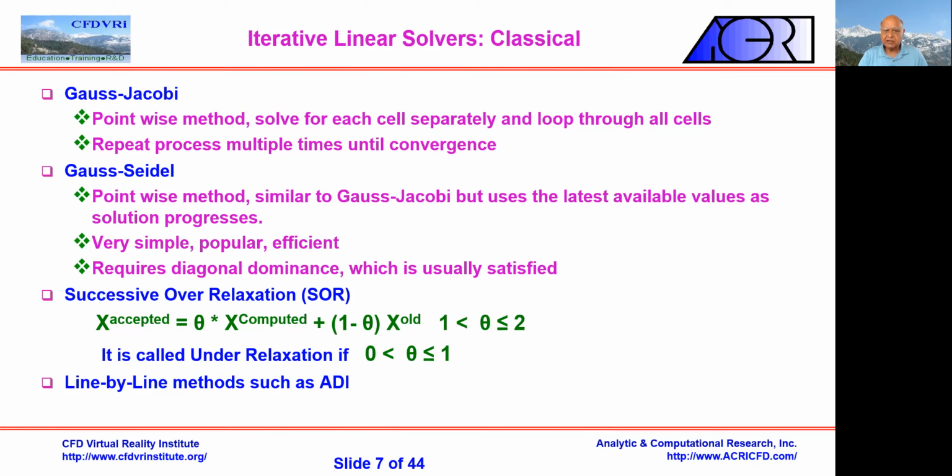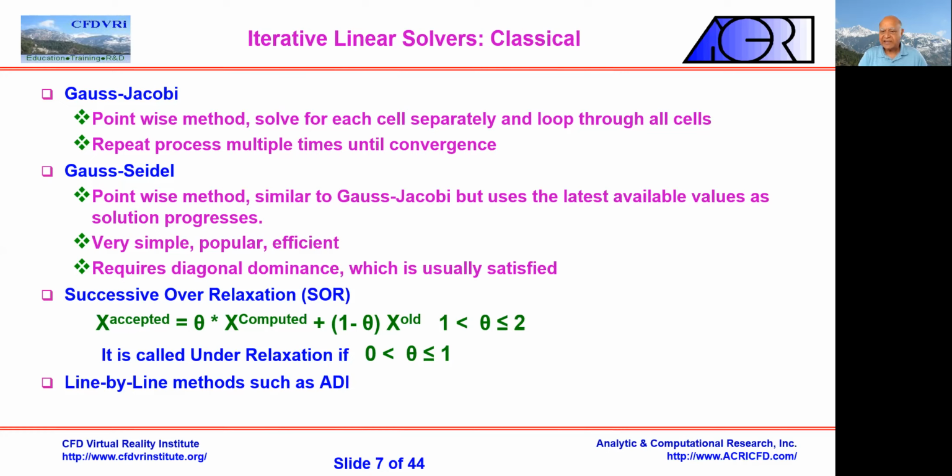Gauss-Seidel was a big improvement on that. What Gauss-Seidel did was take the Gauss-Jacobi method and say, let's use the latest values. Let's say we computed point 1 already, and now we need to compute point 2, which is connected to point 1. Well, we already know 1. We don't know 3 and 4 yet, so we use the old values for 3 and 4, and use the just computed value for 1.